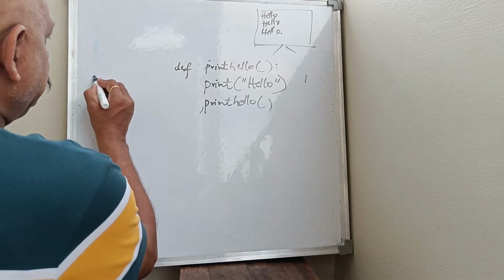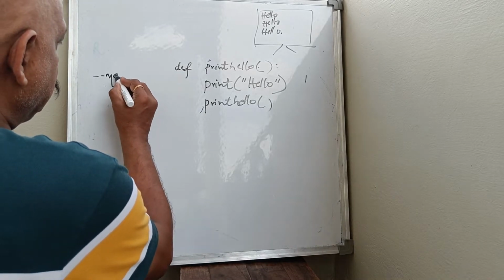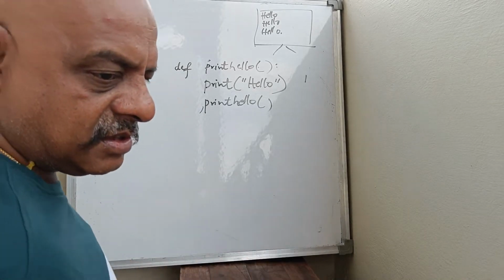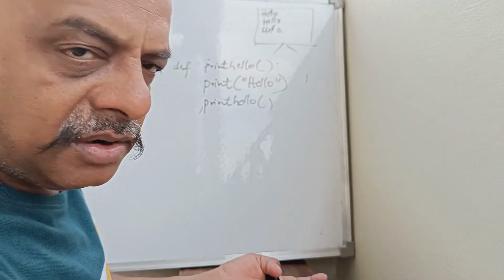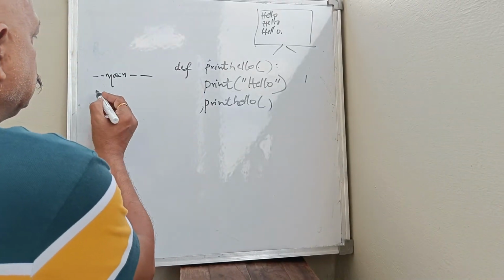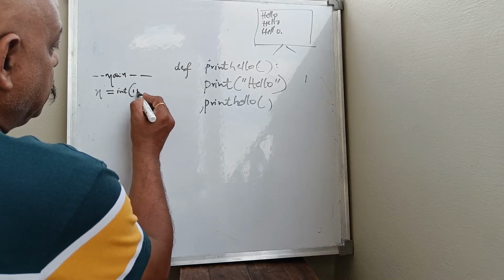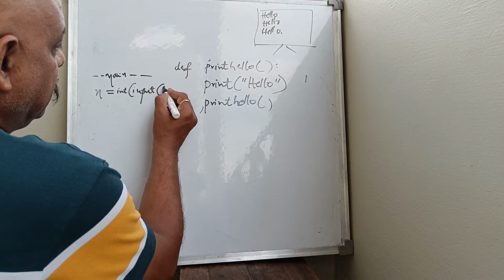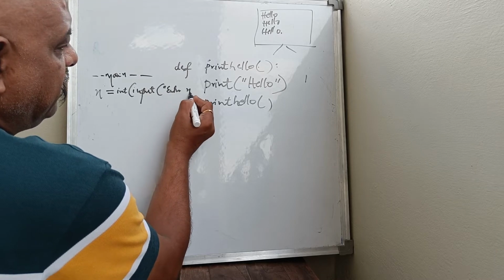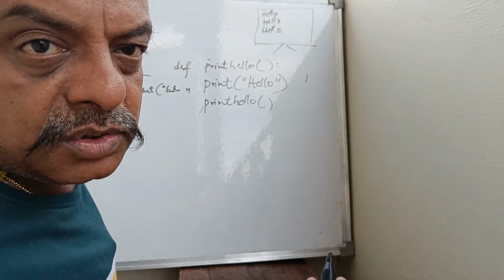For example, this is the execution I will start. Execution always starts from main, right? In main you are reading one value, n is equal to int of input, enter n. The n is how many times you want to do that.